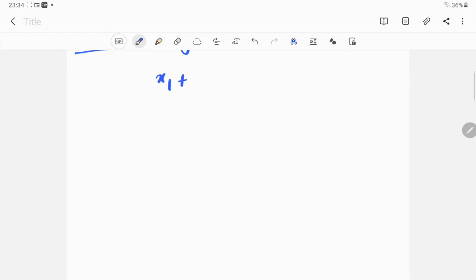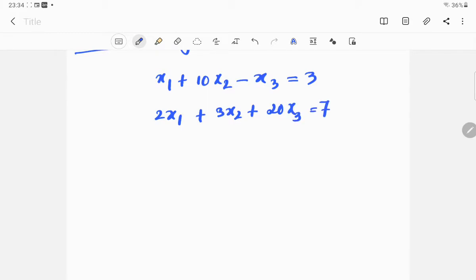So x1 plus 10 x2 minus x3 equal to 3. Okay, then you have 2x1 plus 3 x2 plus 20 x3 equal to 7. And then you have 10 x1 minus x2 plus 2 x3 is equal to 4.